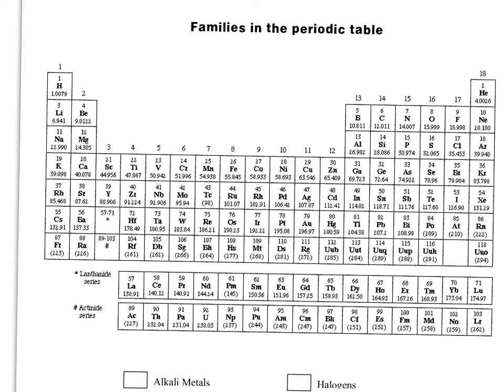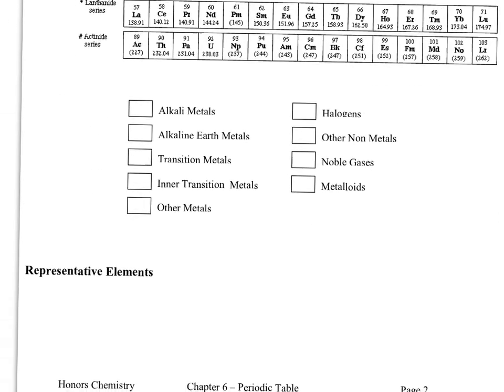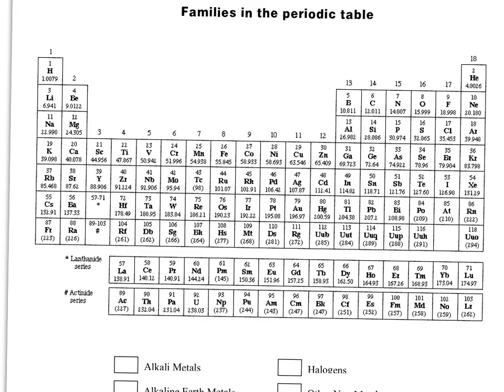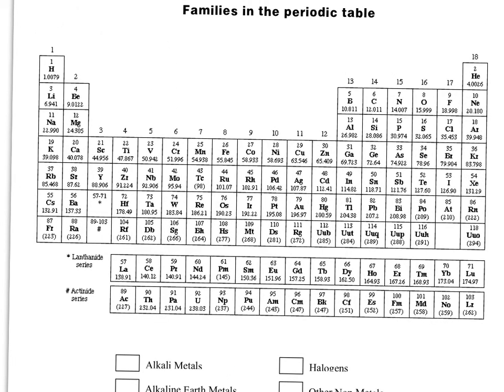Those are your notes. The one thing we'll point out is the representative elements. And so the representative elements are groups 1 and 2, and then also 13 through 18. So if you look at the periodic table, the representative elements are those 2 groups and then these 6 groups.